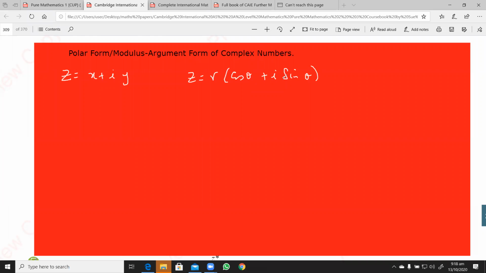Its actual name is the polar form, but in your book it says the modulus argument form of a complex number.